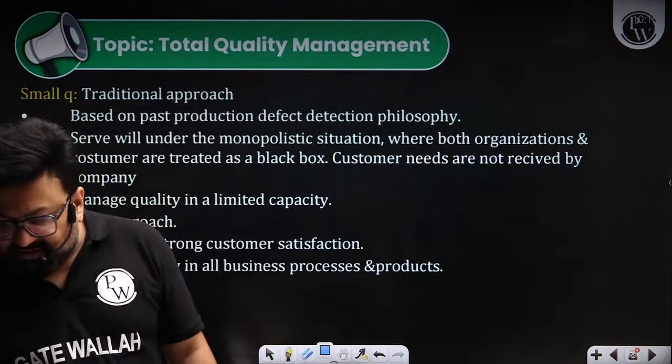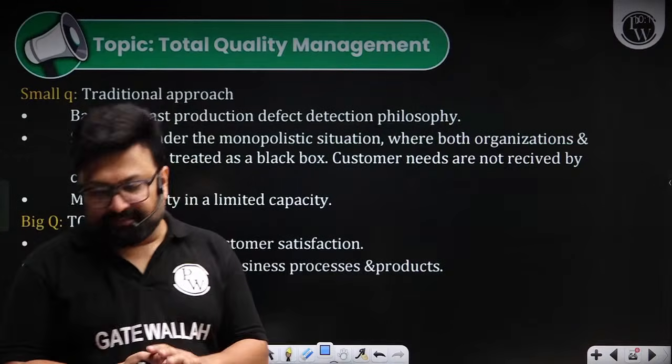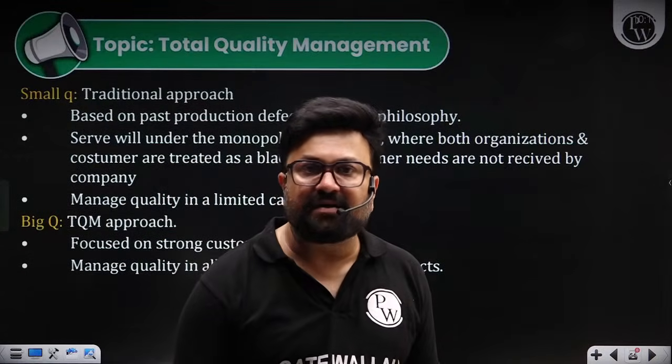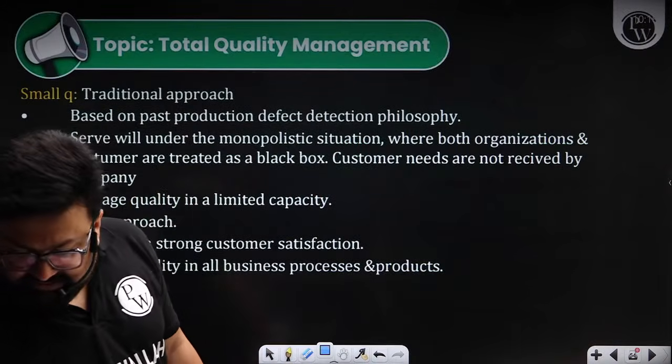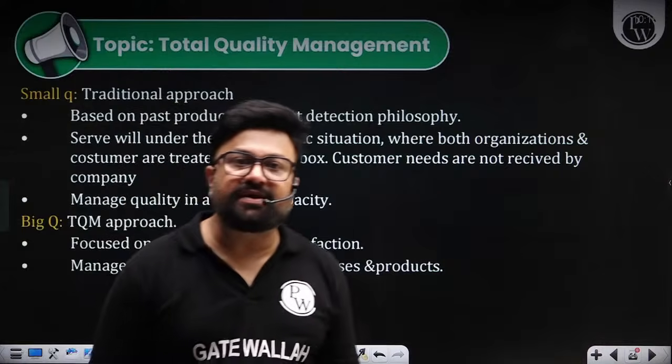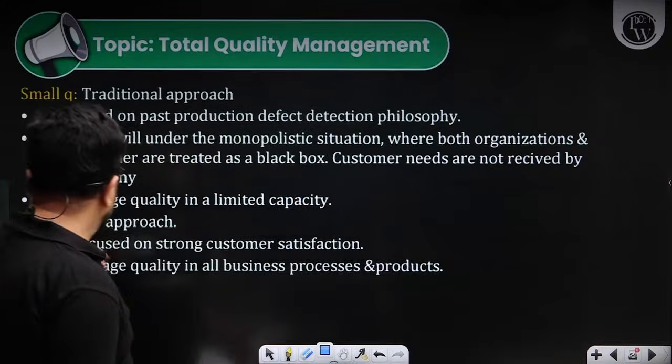Now, there are two types of approach in TQM, that is small q and big Q. In small q, you can say it is a traditional approach, and big Q, that is the TQM approach.